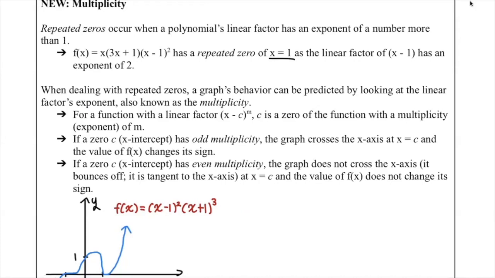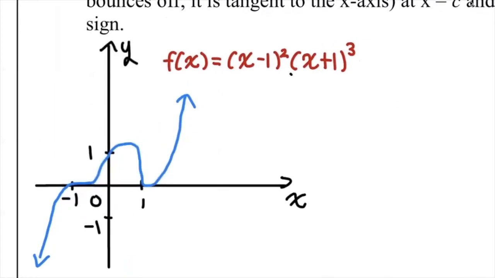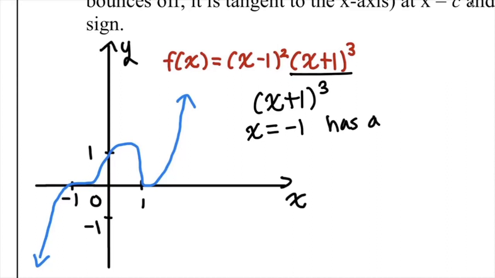So what this is saying is, if you take a look at this example, for the linear factor x plus 1, because the exponent of this linear factor is 3, the root x equals -1 has a multiplicity of 3.